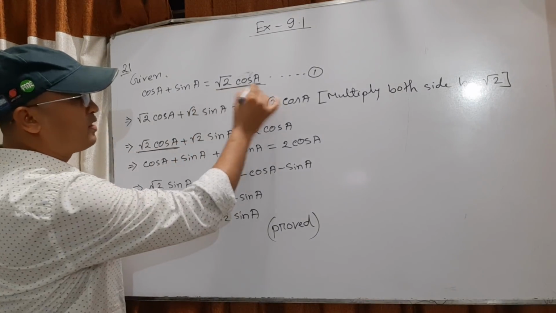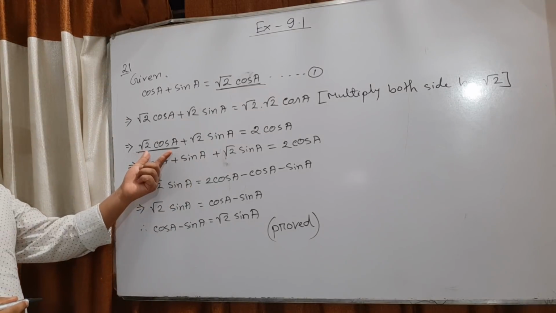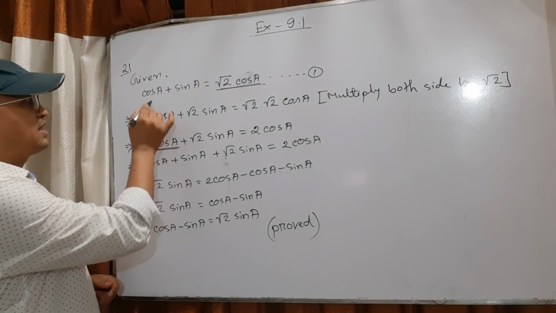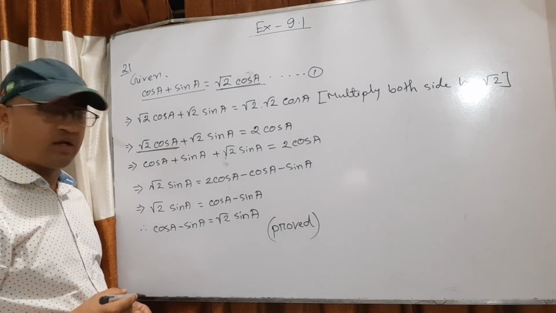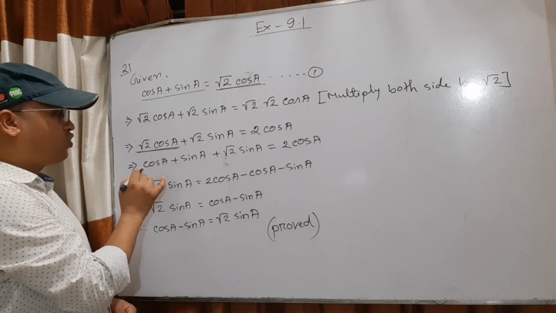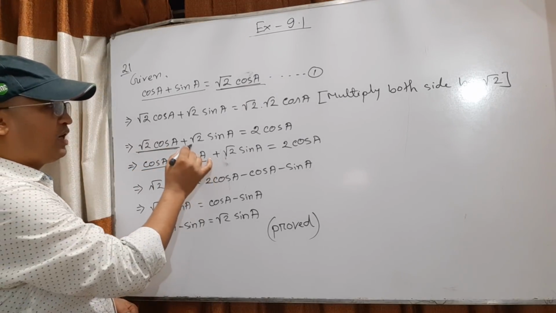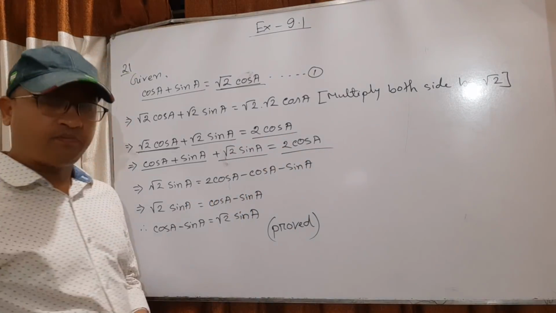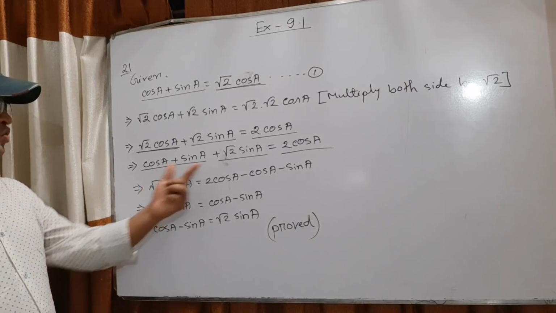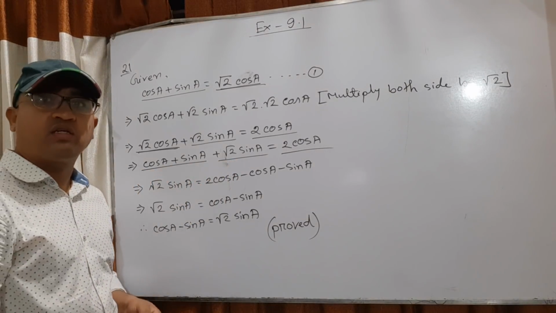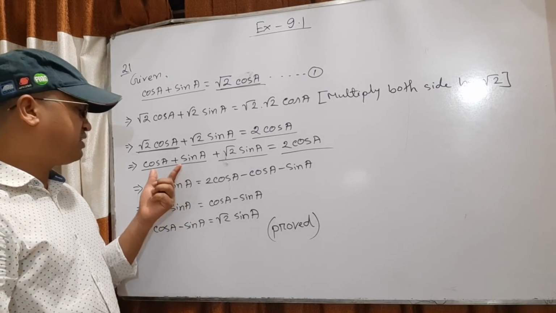Now look, root 2 cos A. From equation 1, we can write root 2 cos A equal to cos A plus sin A. And root 2 sin A, 2 cos A. Now root 2 sin A and cos A plus sin A, we transfer it to the right side.